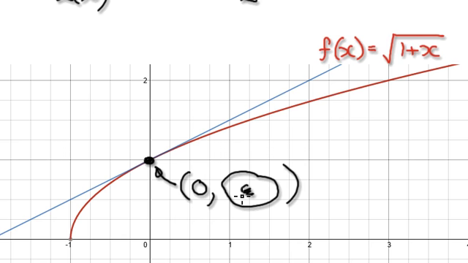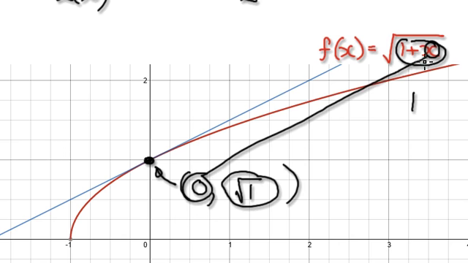Putting the 0 into here, it will be 1 plus 0, which is 1, and then you take the square root, so it will be the square root of 1, which is really just 1.